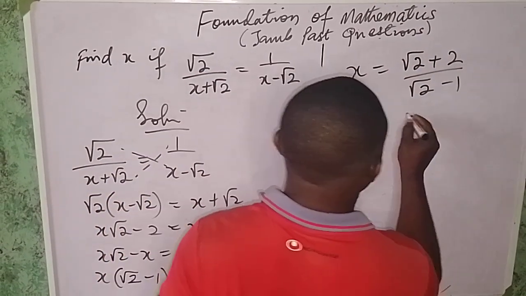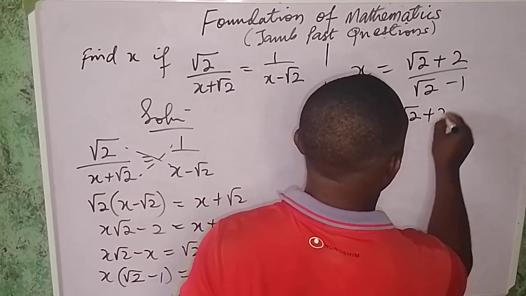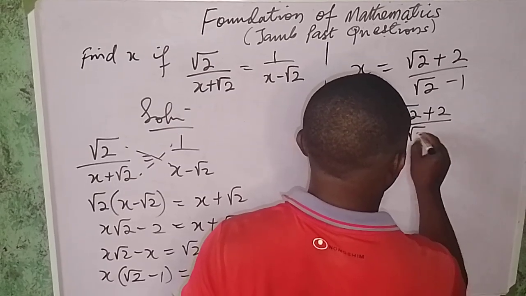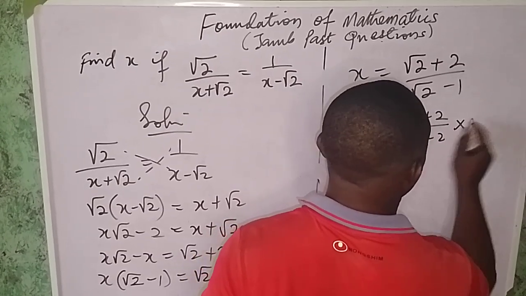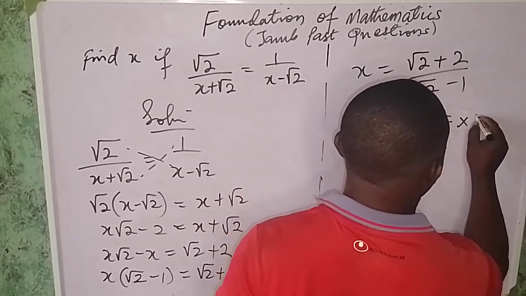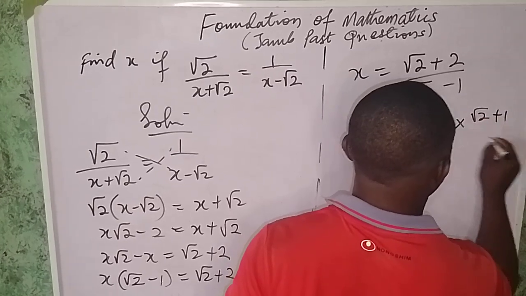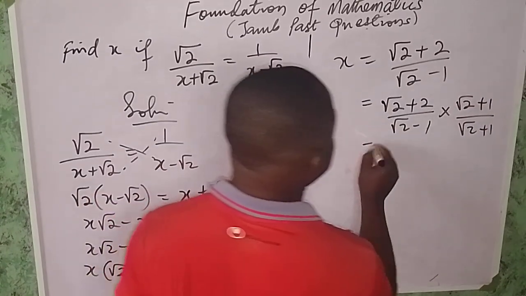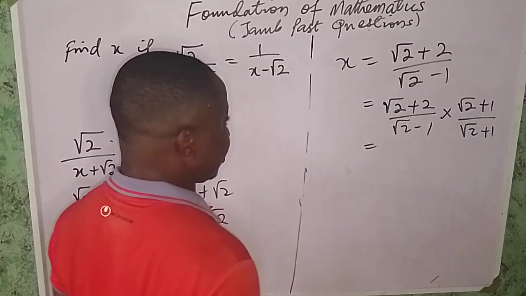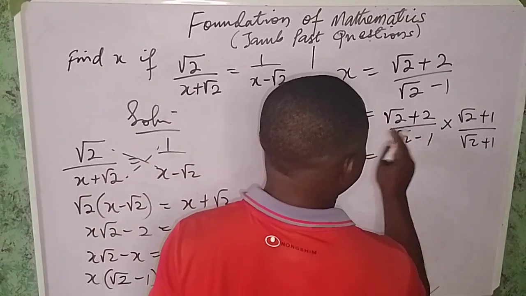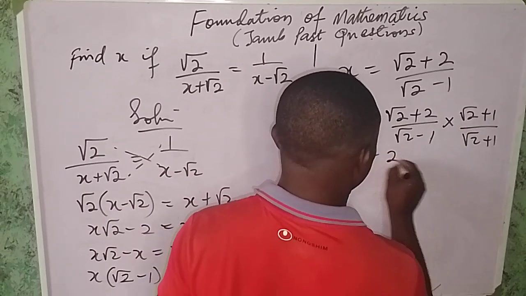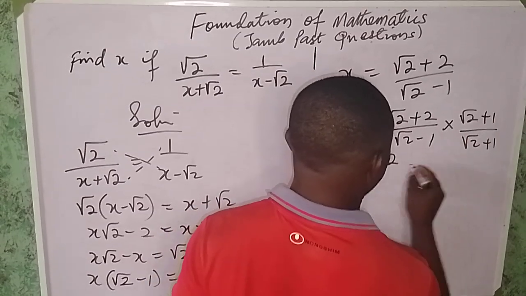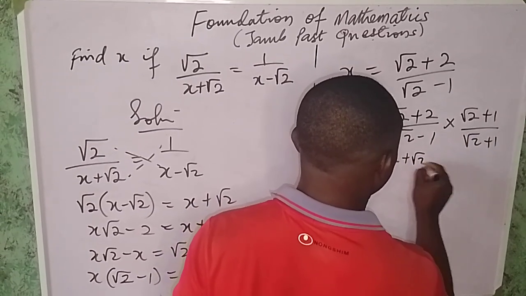And that is square root of 2 plus 2 divided by square root of 2 minus 1, times square root of 2 plus 1 divided by square root of 2 plus 1. So let's carry out the multiplication. Now, this times this will give us 2. This times this will give us square root of 2.